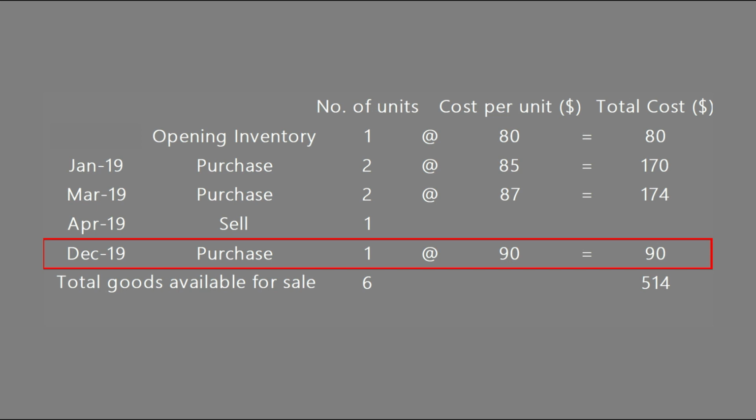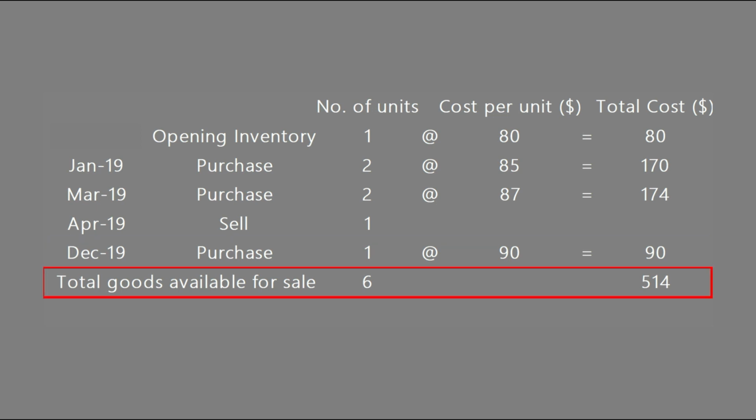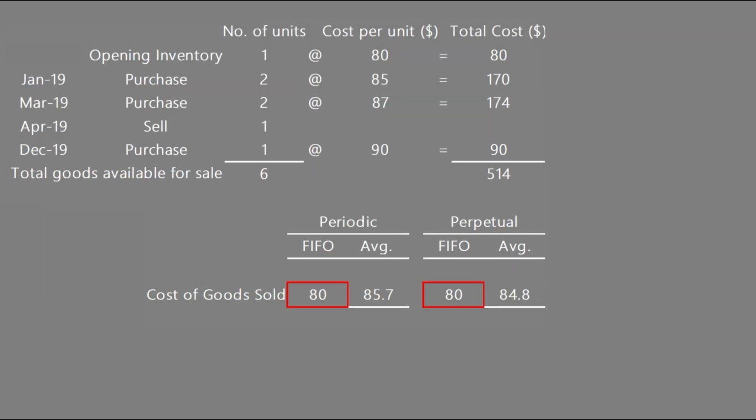If we add up the total cost we have 514, and total goods available for sale in this year will be 6. If we use the first in first out method, both periodic and perpetual method give us the same cost of goods sold because both of them will sell the unit that first entered the inventory record in the accounting period, which is the unit at the opening.